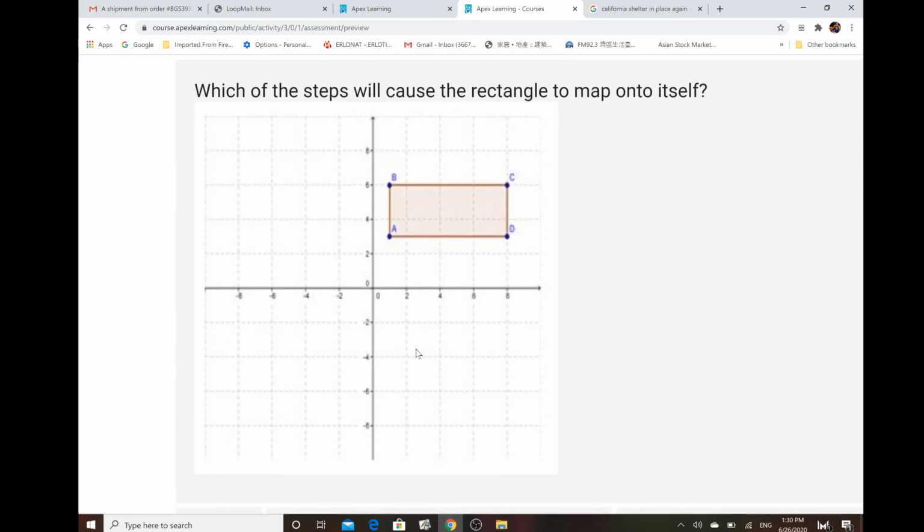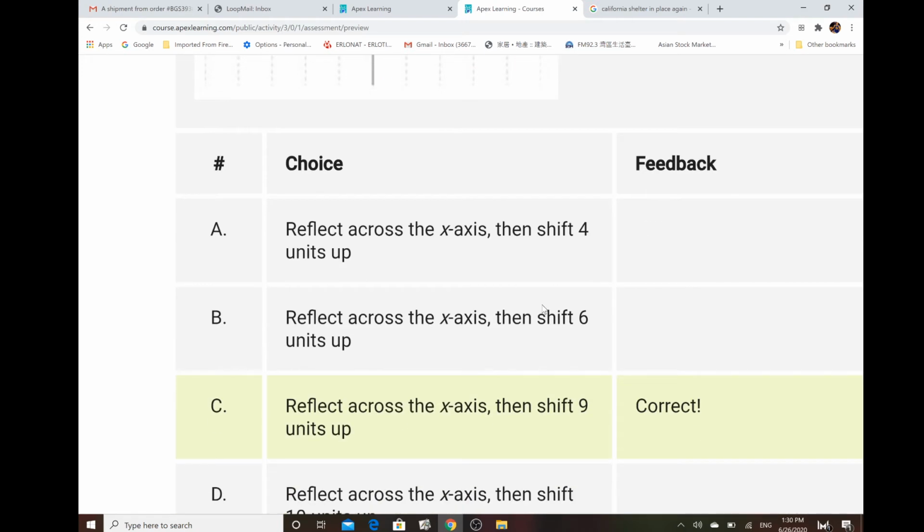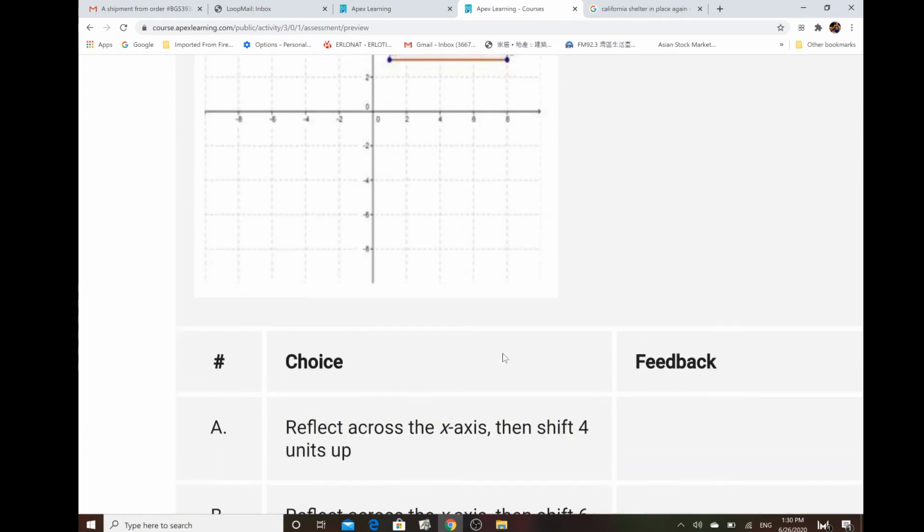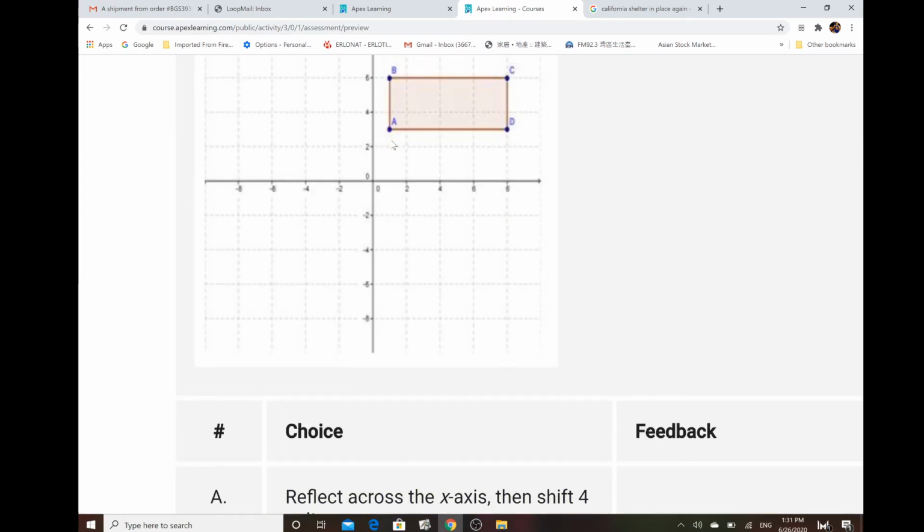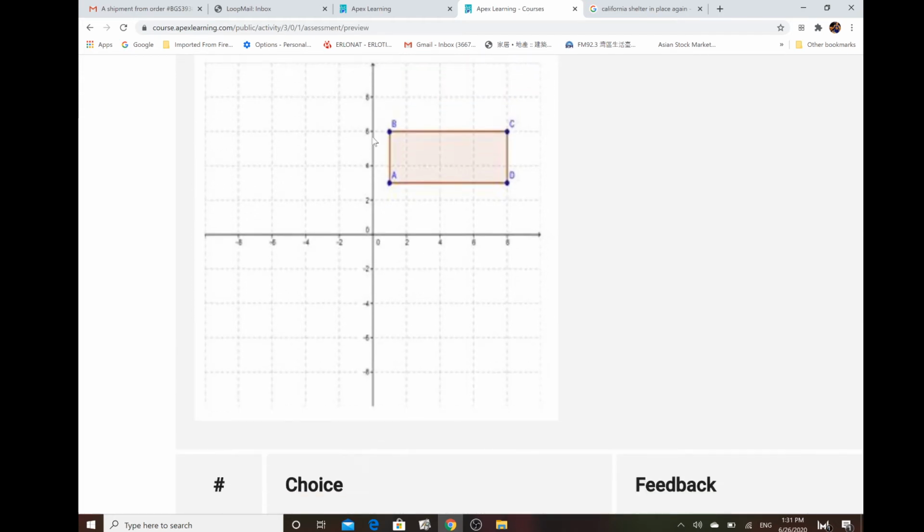And which of the steps will cause the rectangle to map onto itself? So here's another way to do it. Reflect across the x-axis and then shift 9 units up. Reflect it over, so you get -3 plus 9, and you end up with 6, which is up here.